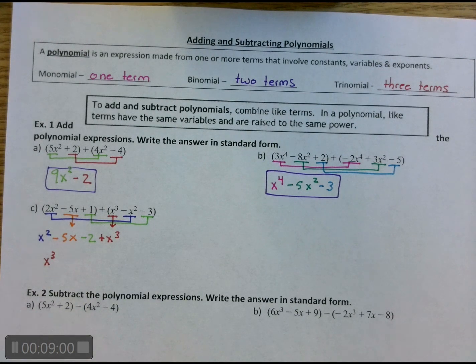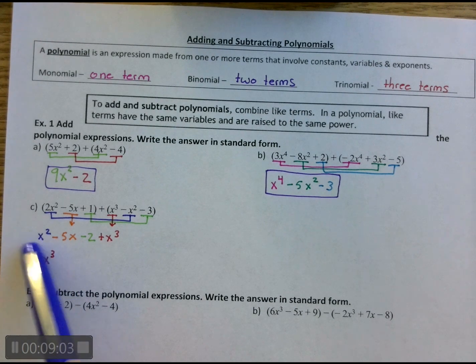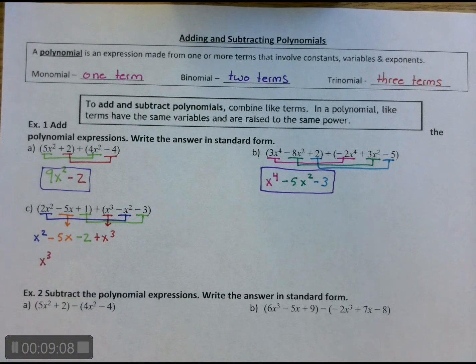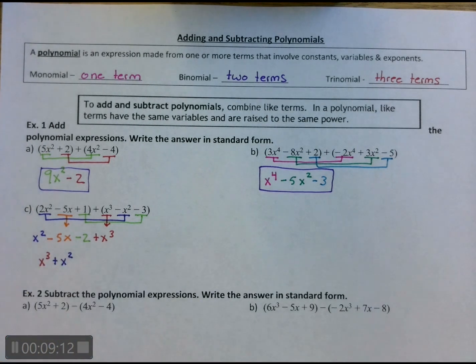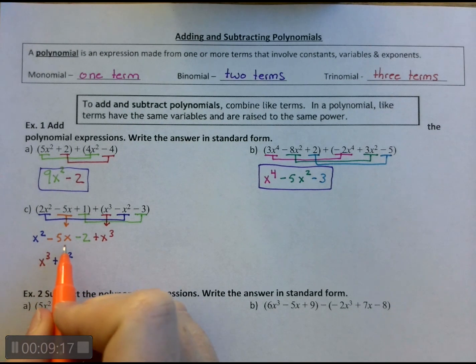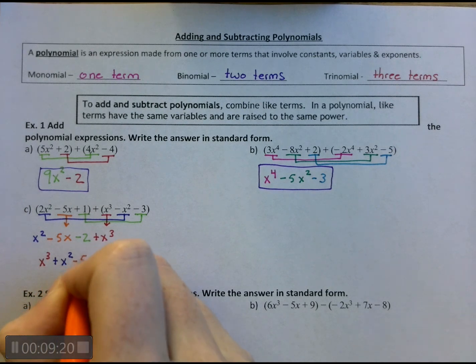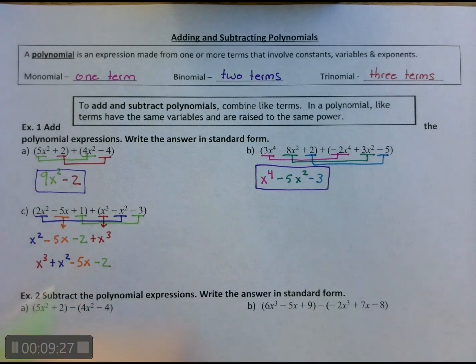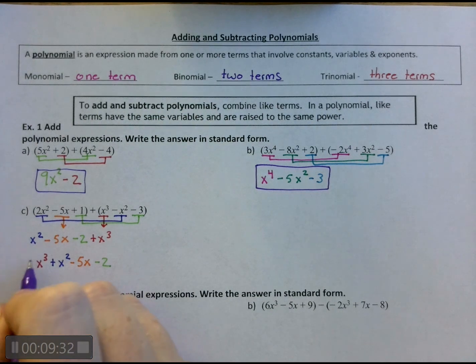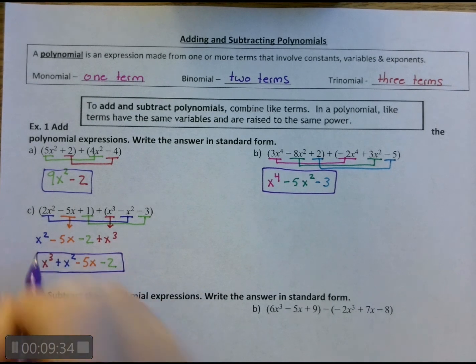And then we have an x squared. Now remember, I said if it doesn't have a sign out in front, it's positive. So plus x squared. And then our next one is minus 5x. And finally, minus 2. And that is in standard form, and that's going to be our answer.